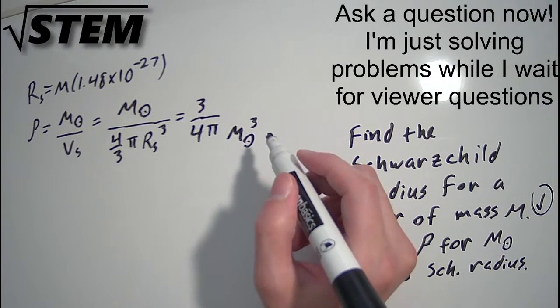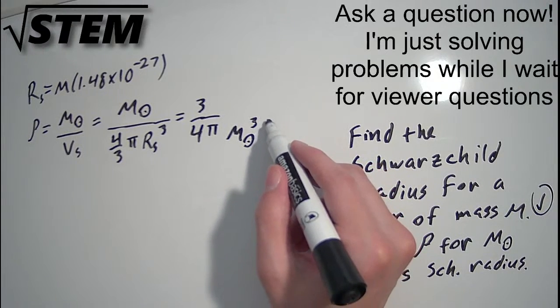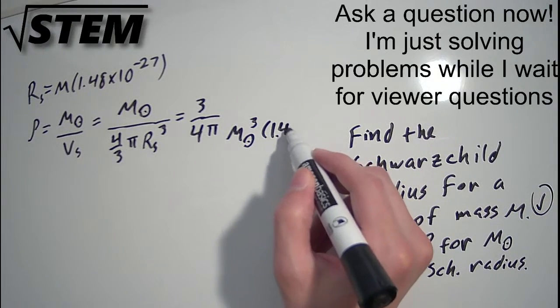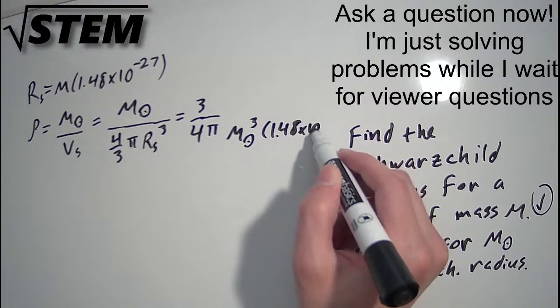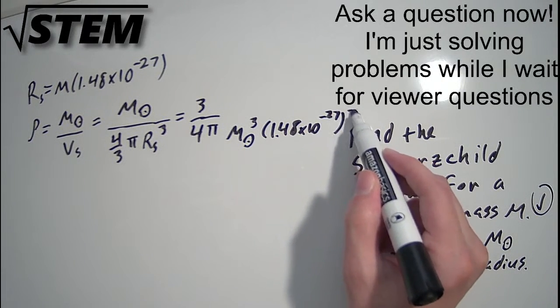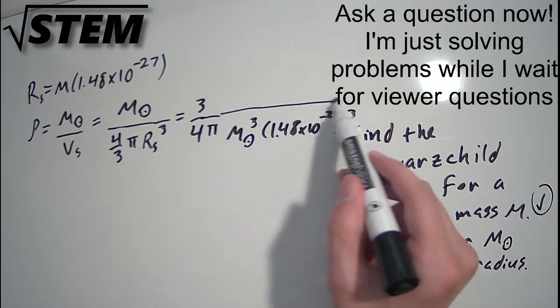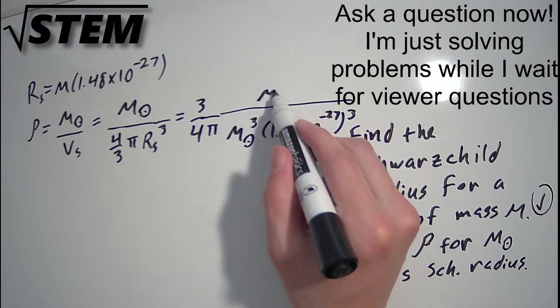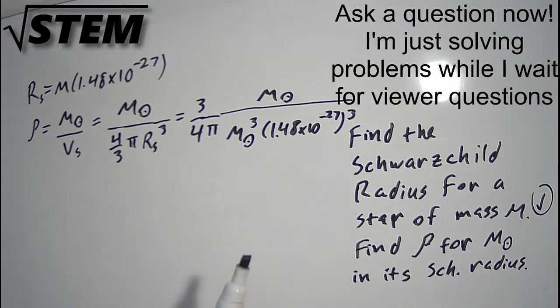So m of the sun cubed times 1.48 times 10 to the minus 27 cubed, with the mass of the sun on top. And this is going to be an absurdly small volume.